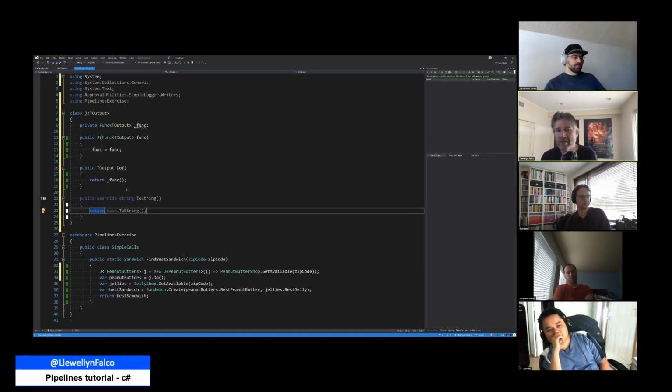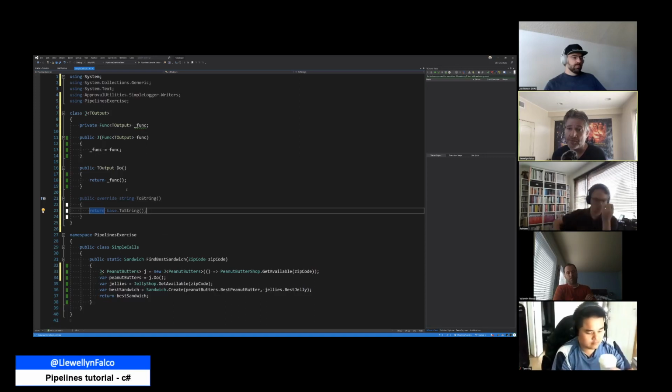There's no way to say, give me all the lines of code in this method and let me put a log statement in between them. But if all our lines of code in the method just became objects, then we just have a list of procedures and you could do things in between the list. Does that make sense?